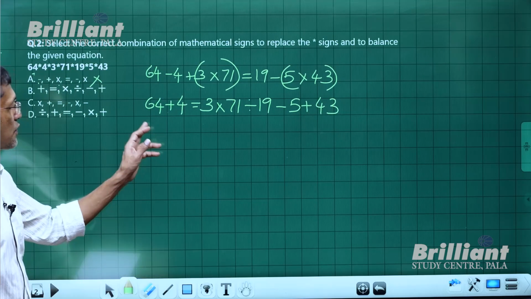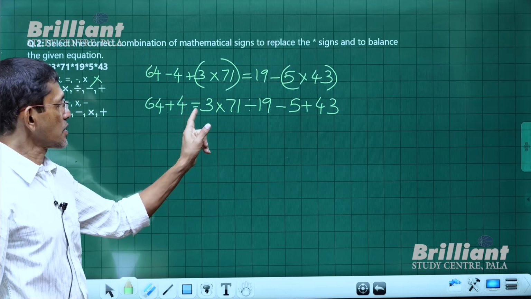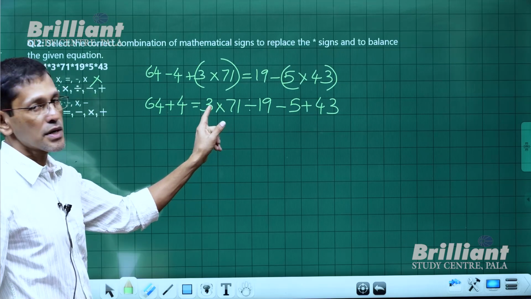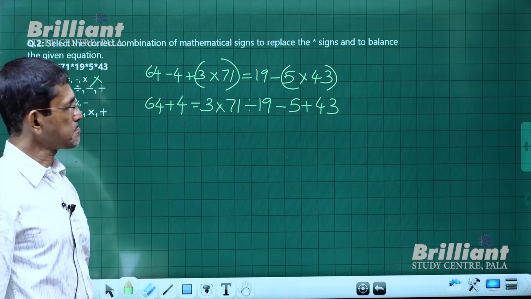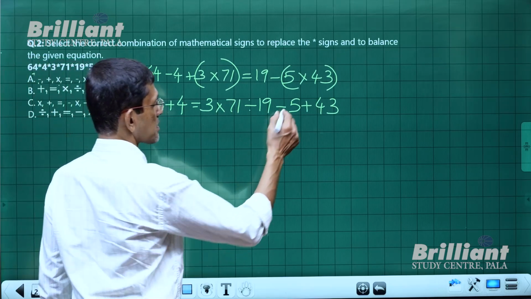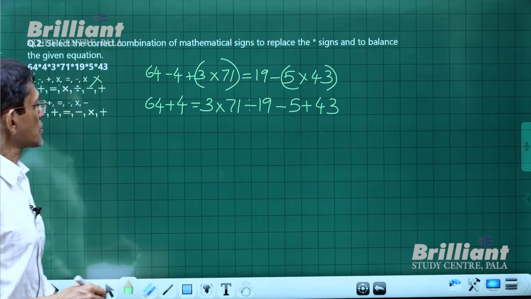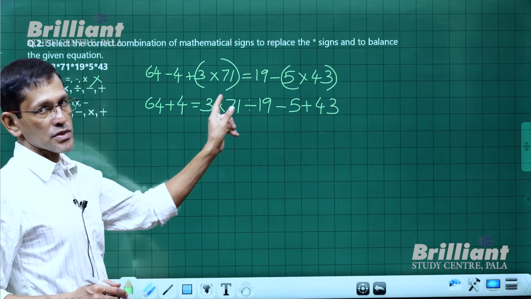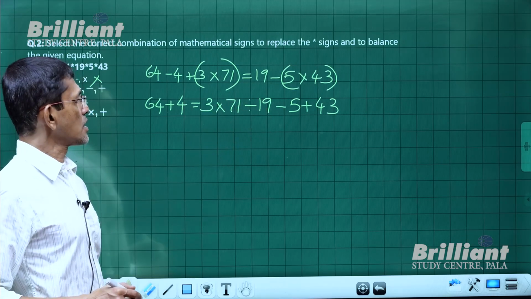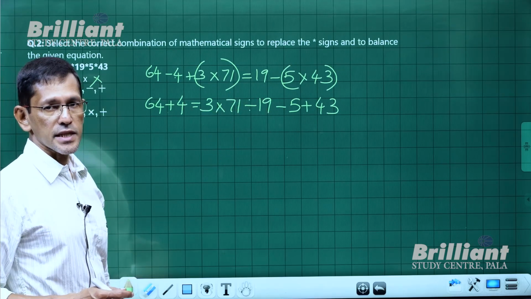Again, 64 plus 4 is going to be 68. And on the right-hand side, how much is 213 divided by 19? And this part is minus 5 plus 43. So is 68 equal to this number here? Check it out. 213 divided by 19, how much is that?